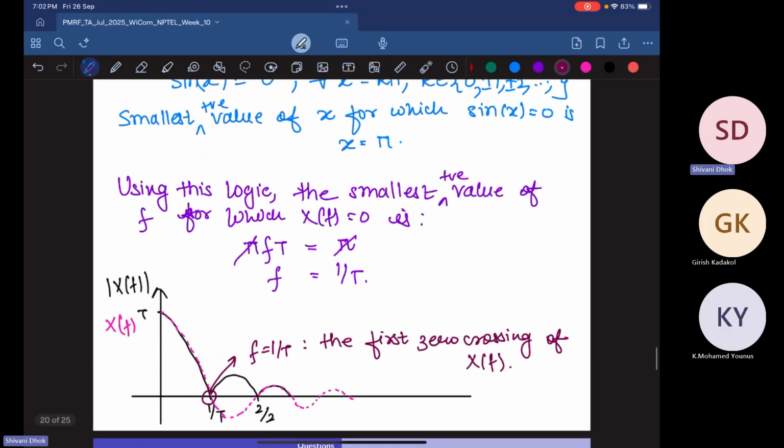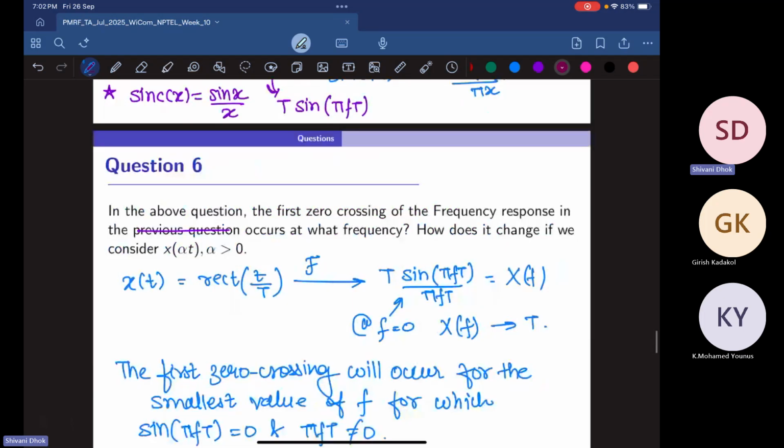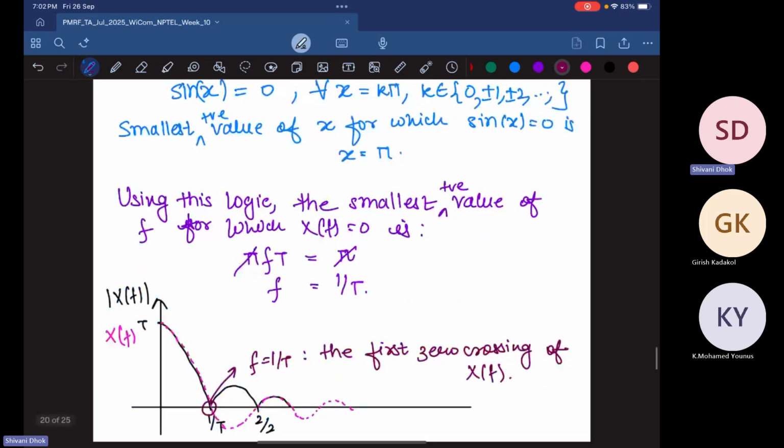Okay. Now this was the first part of this question. The second part says: how does the zero crossing change if we consider x of alpha t, if alpha is greater than 0? So this was the first question.